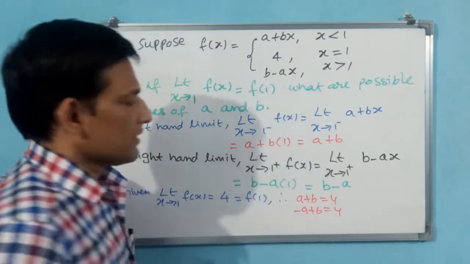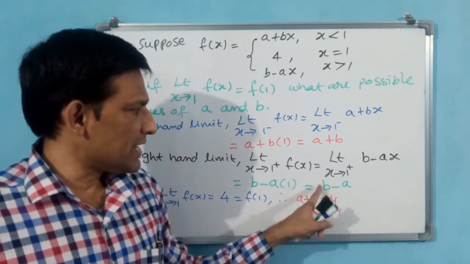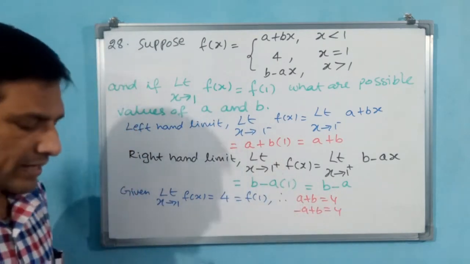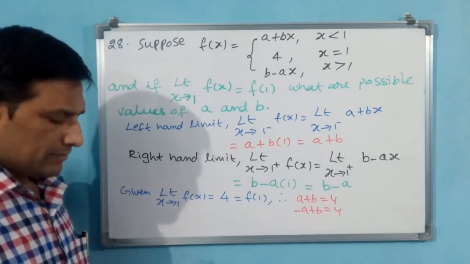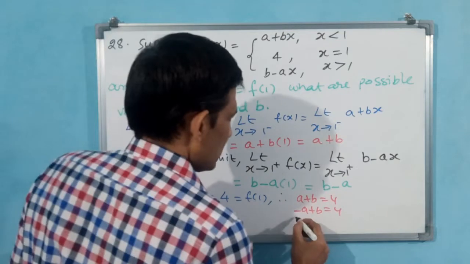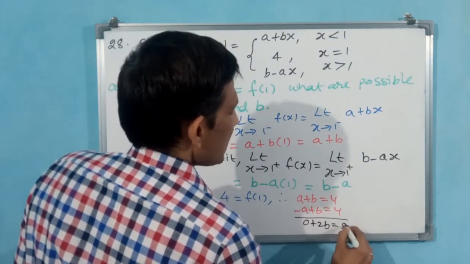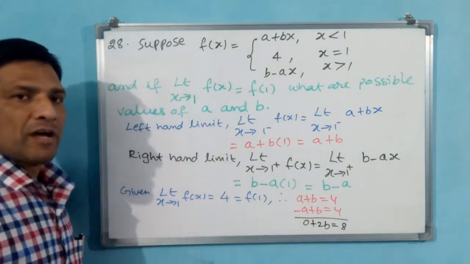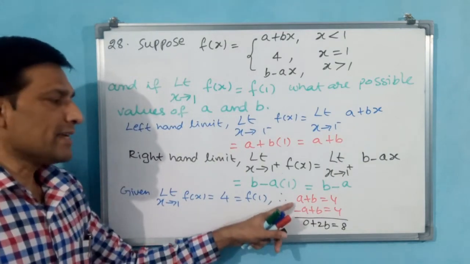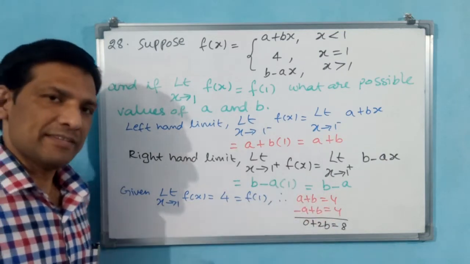Is it correct? Why? Because I have written b first, then minus a plus b, because I can calculate this easily here. 0 plus 2b is equal to 8. Is it correct? I'm adding. If you add, minus a plus a is 0, b plus b is 2b, 4 plus 4 is 8.